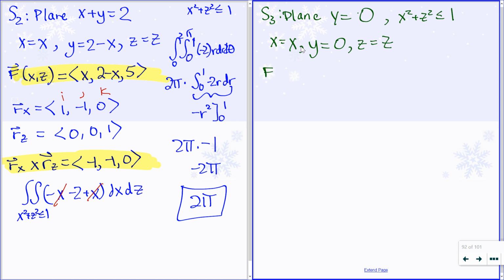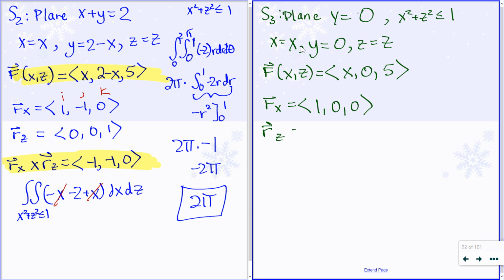So when we fill in our vector field with the parameters x and z, we get x, 0, 5. R sub x is the derivative with respect to x of all of our x, y, and z parameterized equations. So we get 1, 0, 0. R sub z, our partials with respect to z, we get 0, 0, 1.